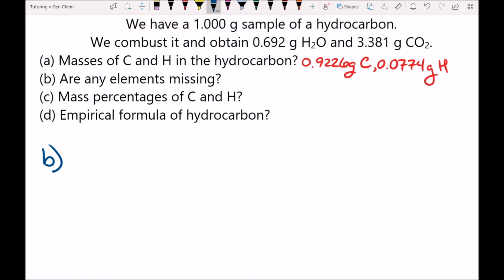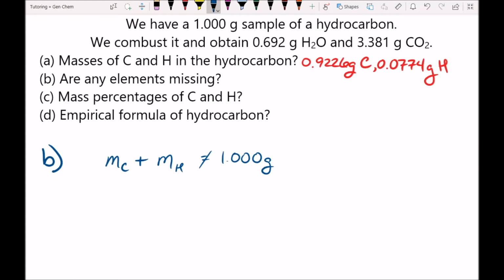So we can figure that out by adding up the masses of carbon and hydrogen. If that does not equal 1.00 grams, then we know that something is missing and it isn't just a pure hydrocarbon made of carbon and hydrogen.